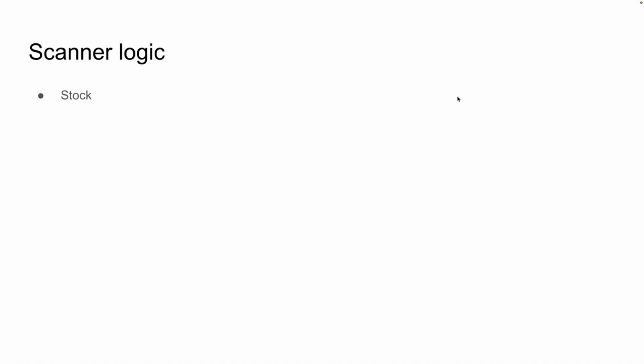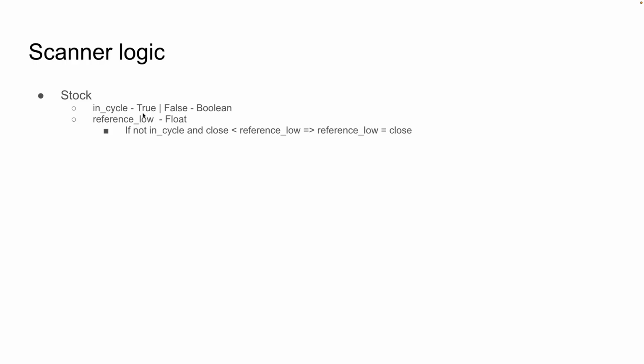Then the reference low, which is the closing price if the stock is out of cycle. If something is closing below the previous low, I record it and that becomes the new reference low. Yeah, this is what I just said.